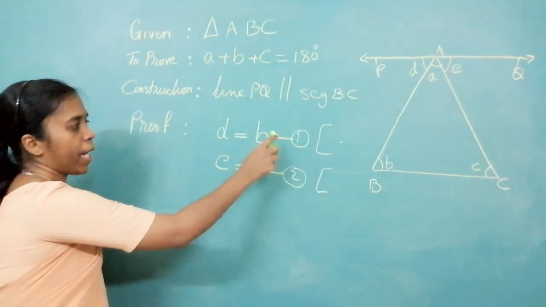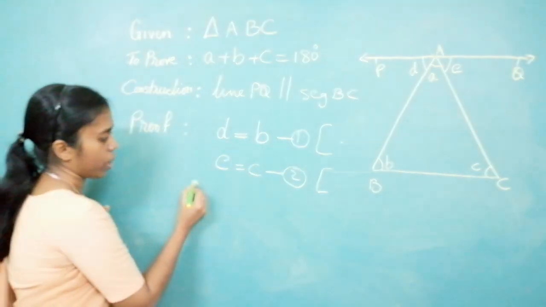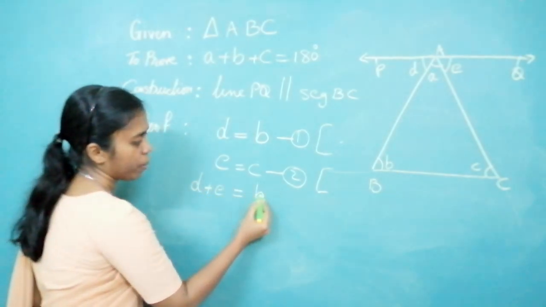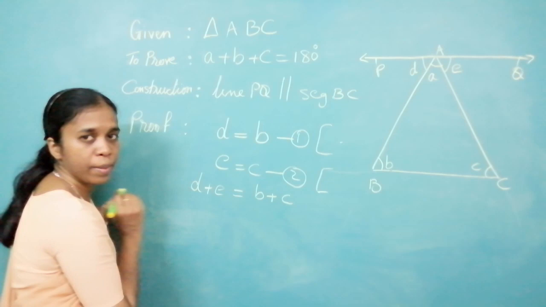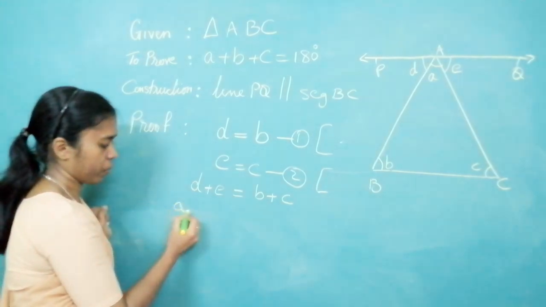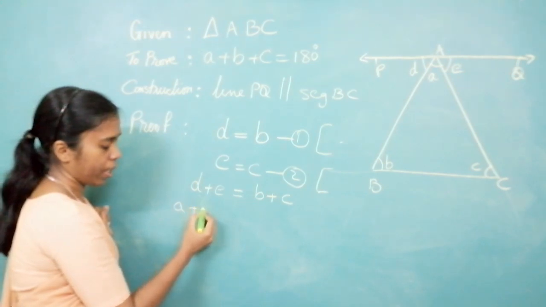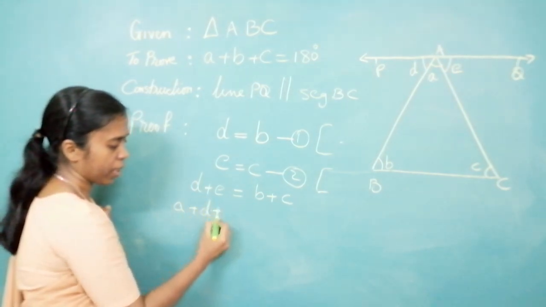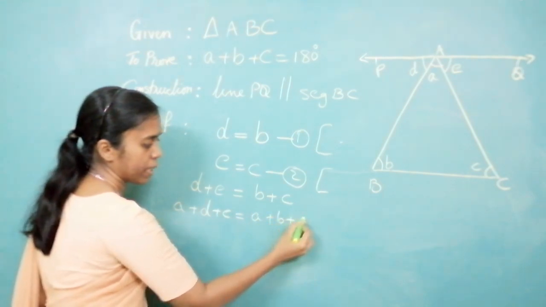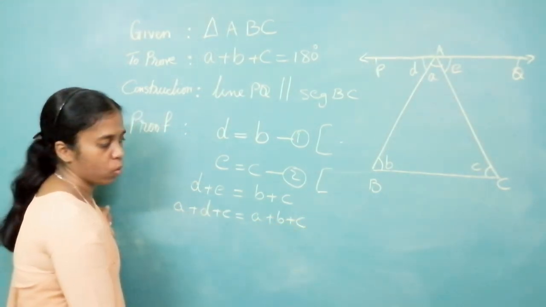Okay. I add equation 1 and 2. So I have D plus E equal to B plus C. I add both the side A. I add A. So I have A plus D plus E is equal to A plus B plus C. Okay.